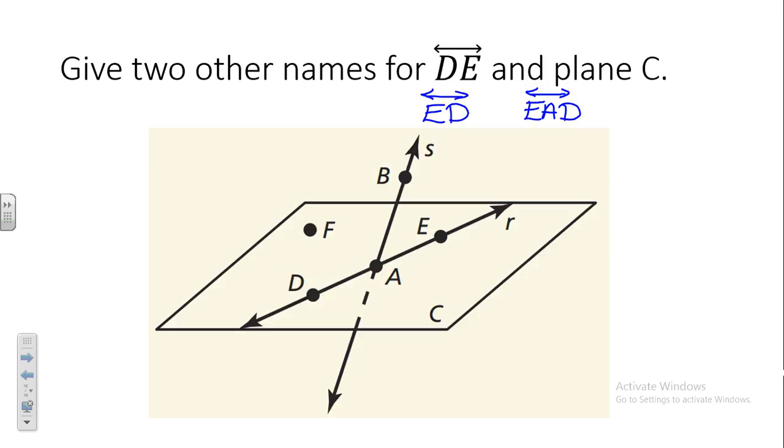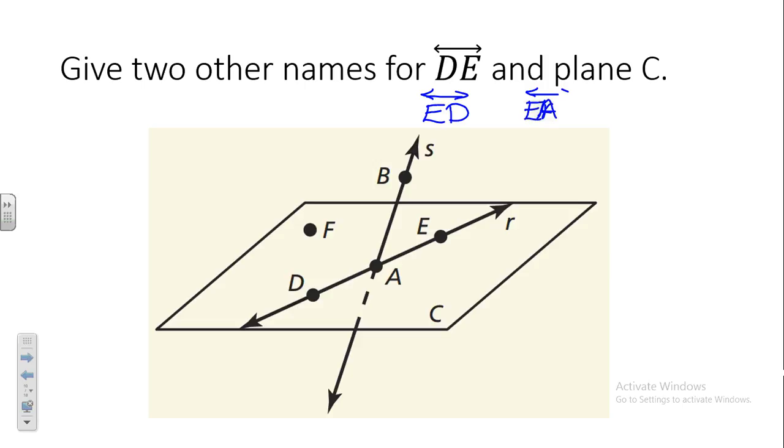EAD. How many letters do we need to name a line? 2, okay? So can we remove a letter to get a better answer there? What letter would you suggest? The D. Let's remove the D, okay? Let's try that. Do you think that line EA is the same as line ED?